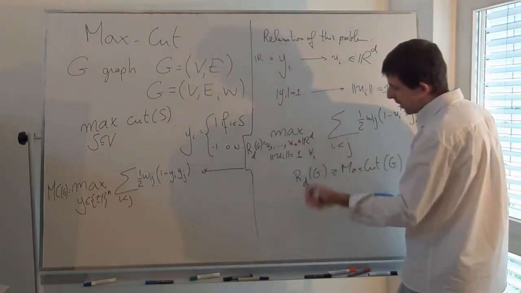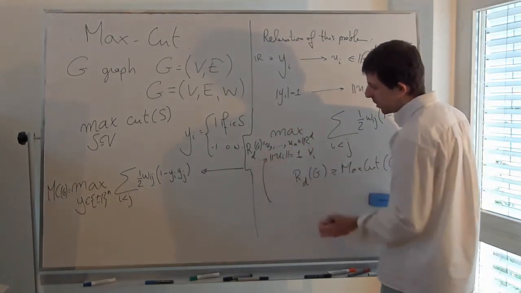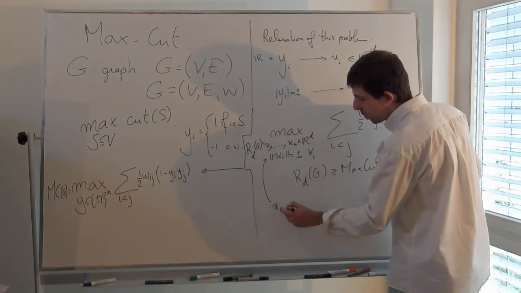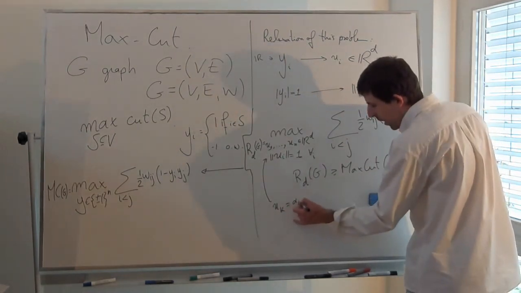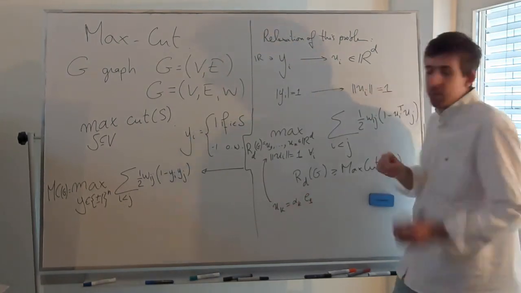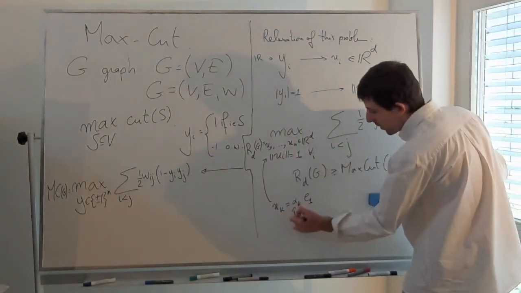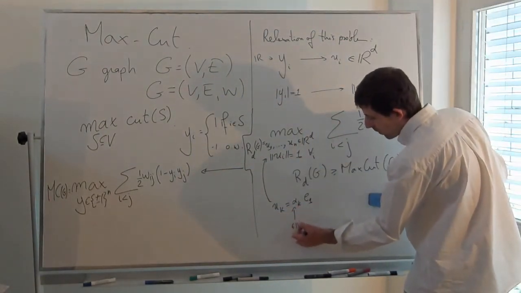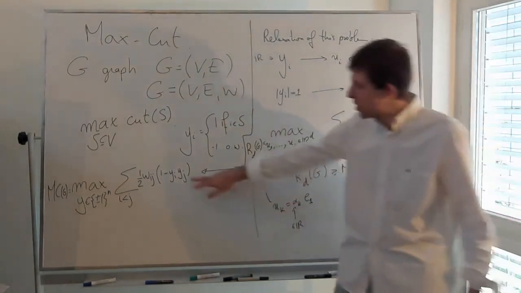If you have this set, and you further constrain these points, so that u_k needs to be of the form some number alpha_k times, say, e_1, the vector that has a 1 in the first entry and 0 everywhere else, where alpha_k is just a real, then you reduce exactly to this problem.